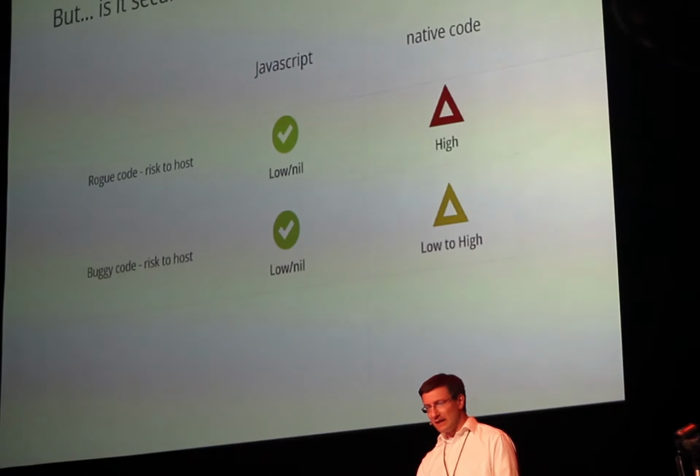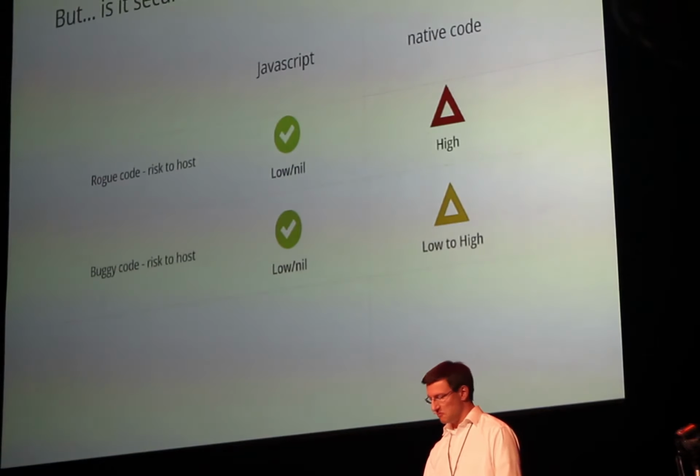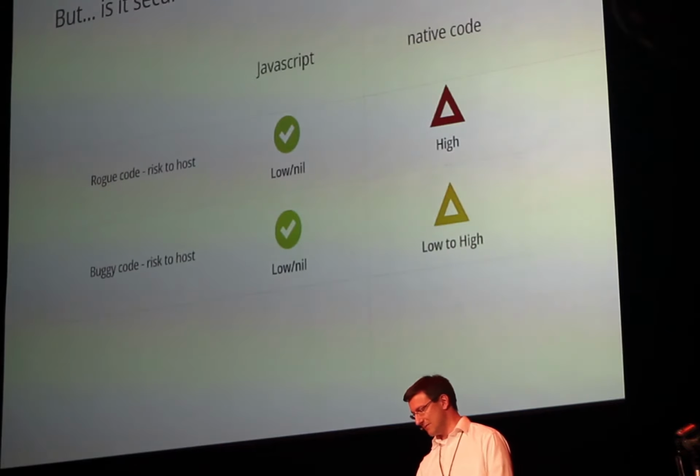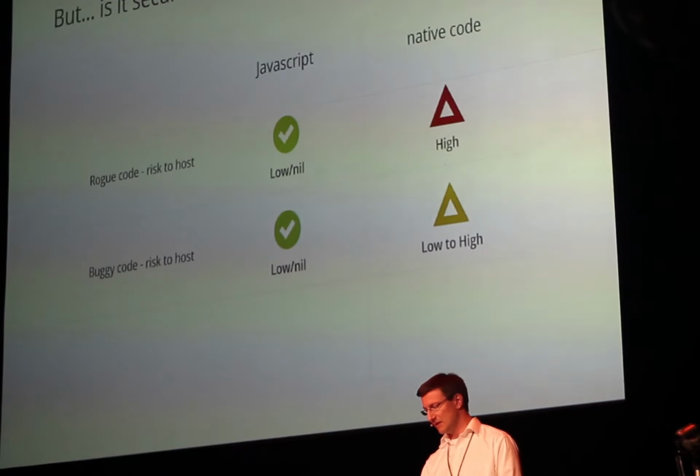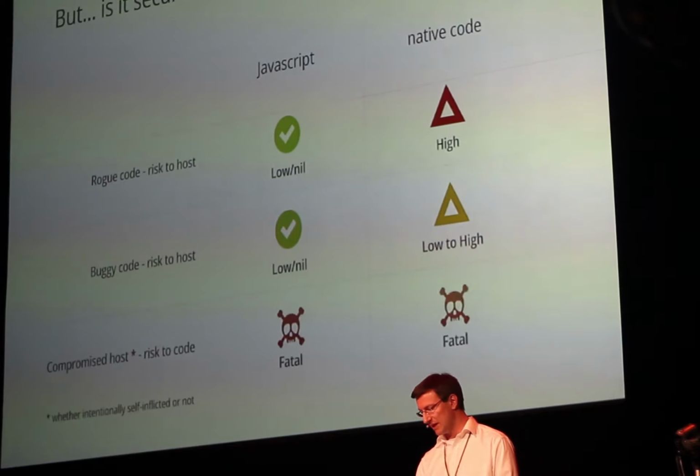If you have buggy code, then the risk to host is again very low if you run JavaScript, but it's low to potentially high for native code. For example, if you have a buffer overflow that's being exploited in a tool that you use, then again your entire machine could be, or at least your account could be jeopardized.